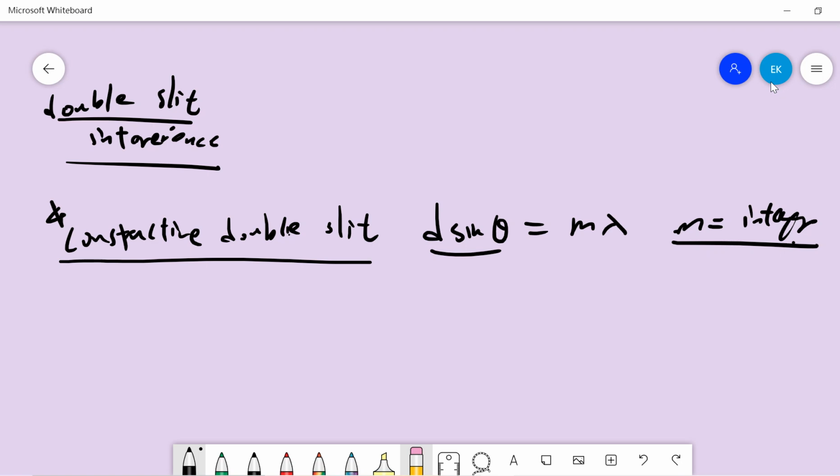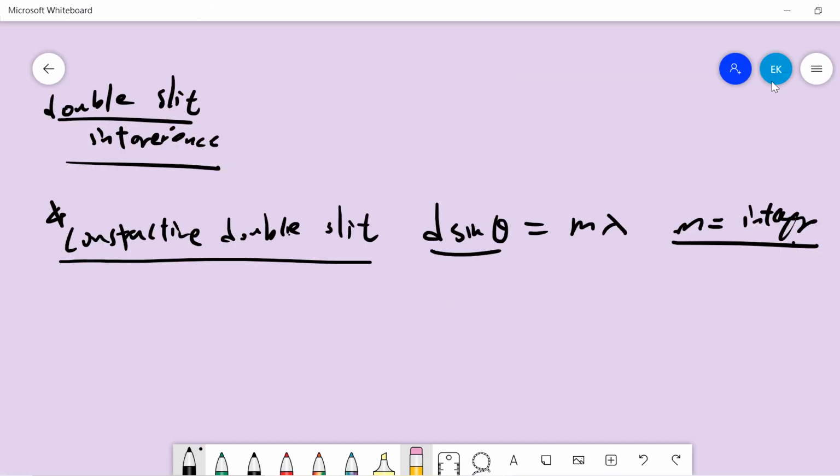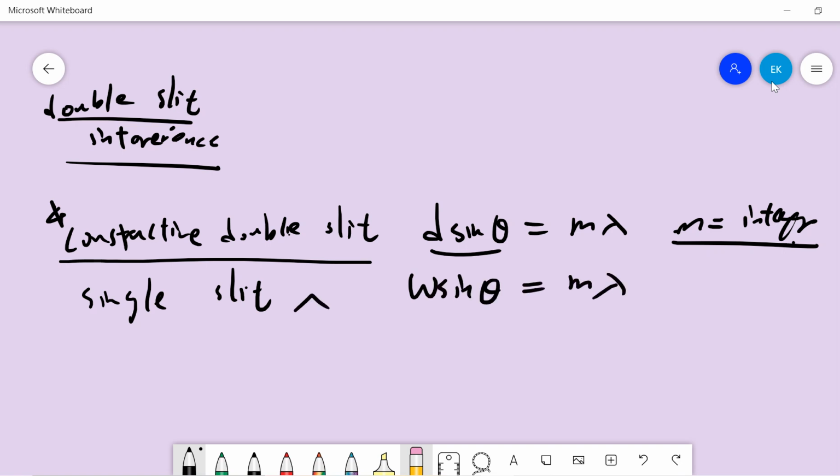And also, since each slit has a width W, and W is not so small, we have single slit diffraction. The single slit result is different from the double slit. It is similar, but this is for the destructive case, where n is an integer.